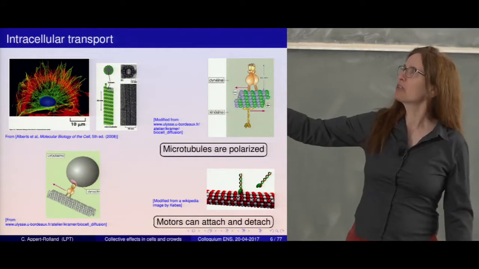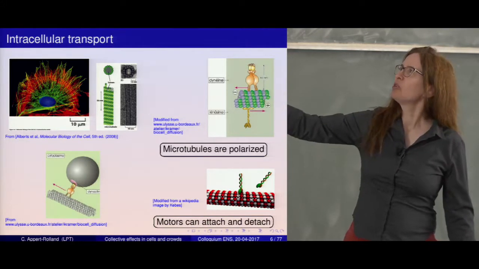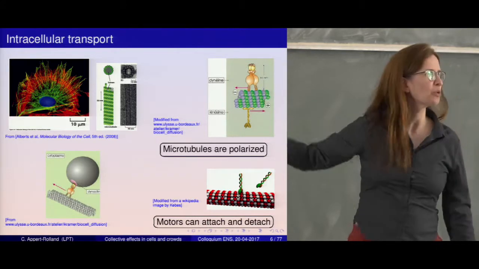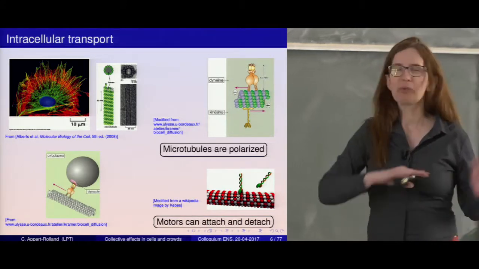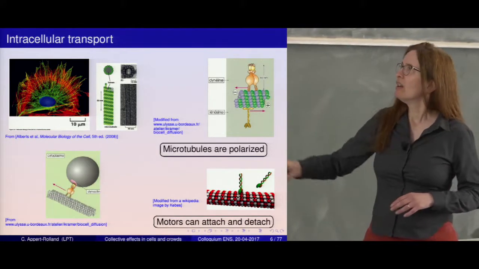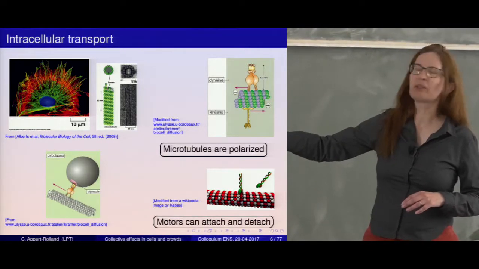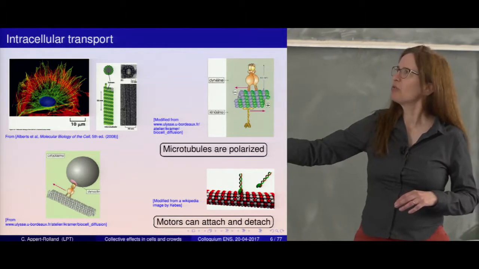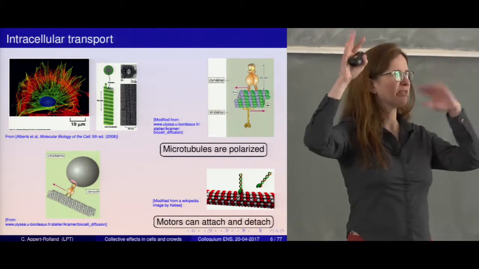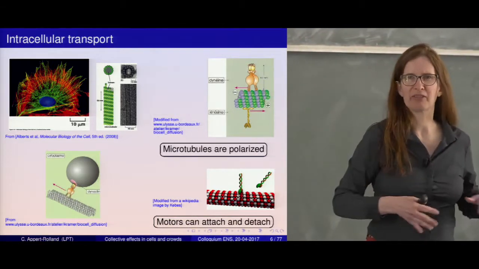And you have some motors specialized to go to what we call the minus direction, and some others specialized to go to the plus direction. So we can go in both directions on these highways. Now it's a bit like science fiction. When you are walking on the road, sometimes you can detach, diffuse around, and then attach again before moving on.